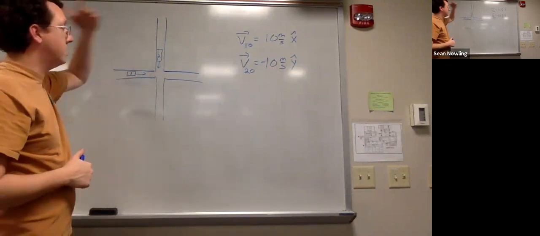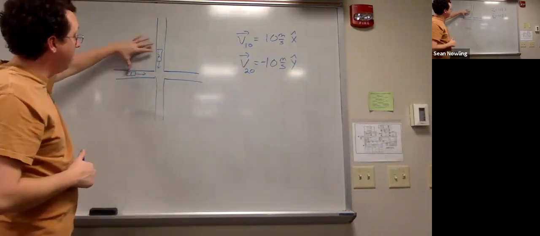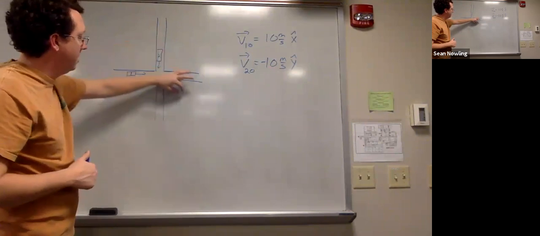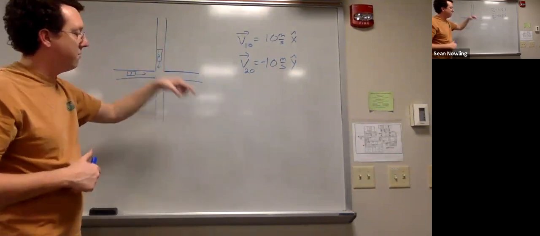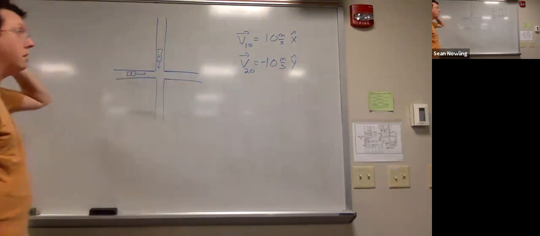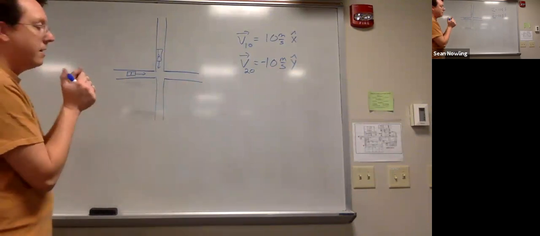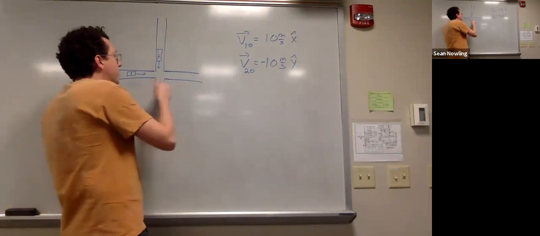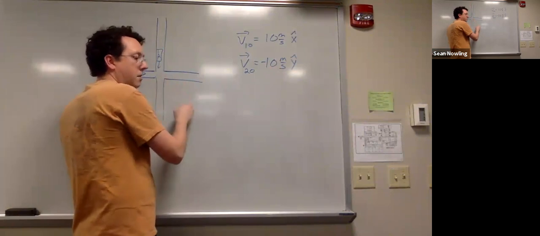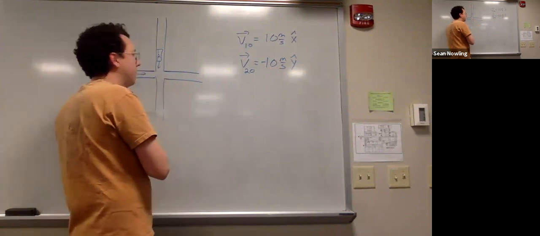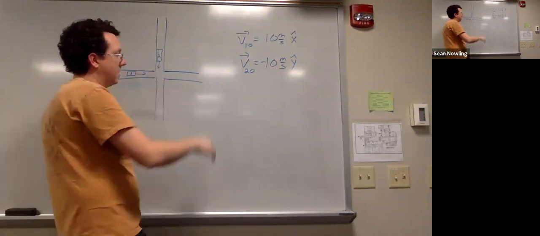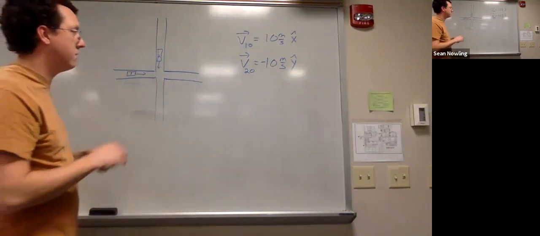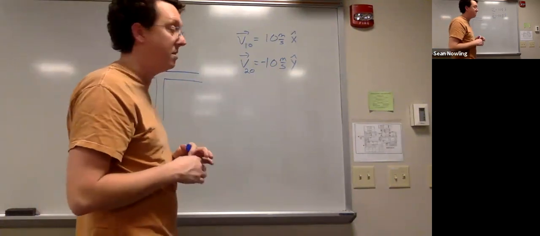I chose the numbers to be symmetric, so the answer pretty much has to be that they end up going on a 45-degree line. What I want you to imagine is they collide, they crumple up together, and let's predict the final path after the collision, or the final velocity right after the collision.